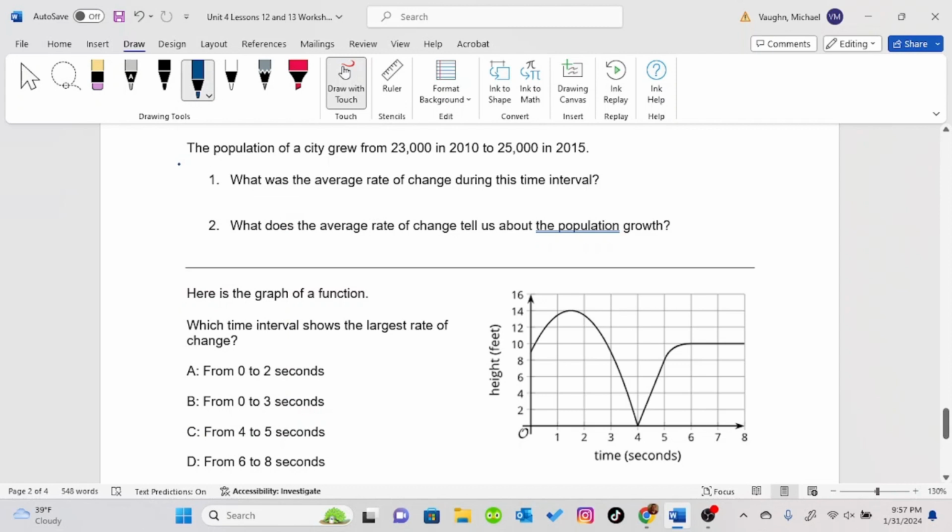The population of a city grew from 23,000 in 2010 to 25,000 in 2015. What was the average rate of change during this time interval? Well, we went from 23,000 to 25,000. That is an increase of 2,000 people.